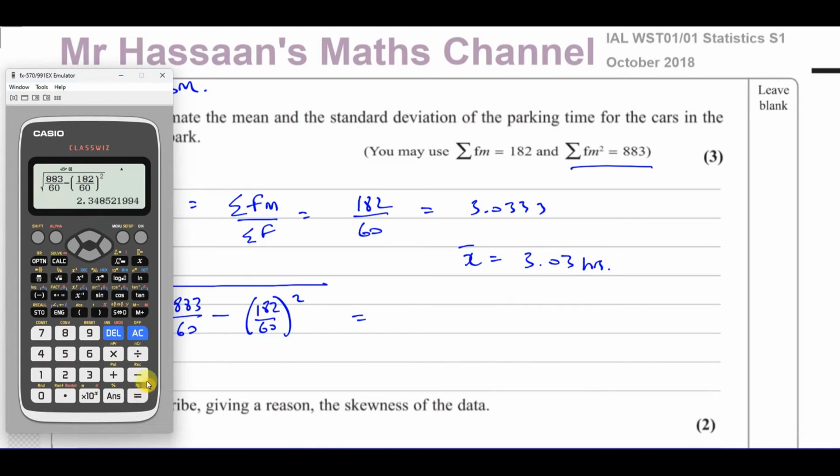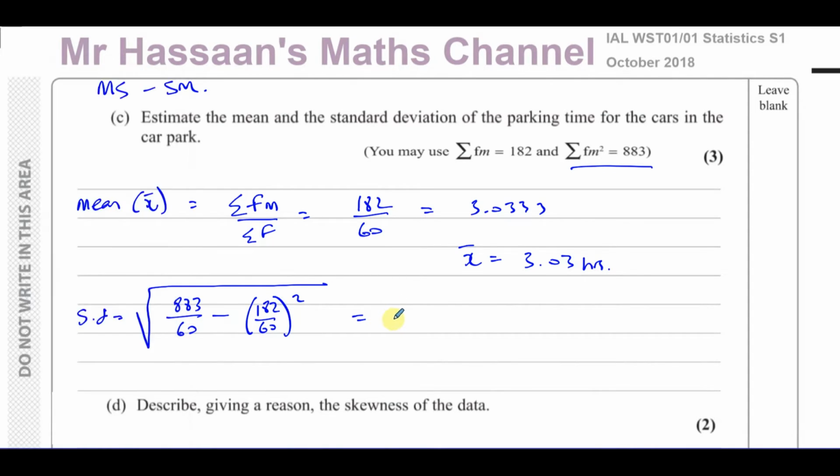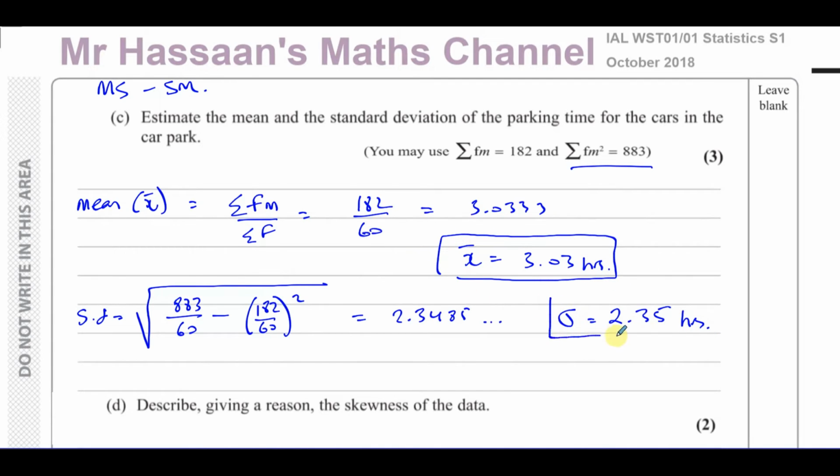That will give you 2.348. So we can say that the standard deviation, which is given the symbol sigma, is equal to 2.35 hours. So here we have the mean and the standard deviation, and that answers part C.